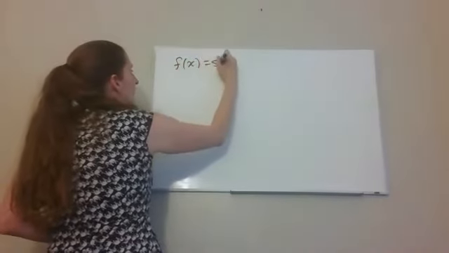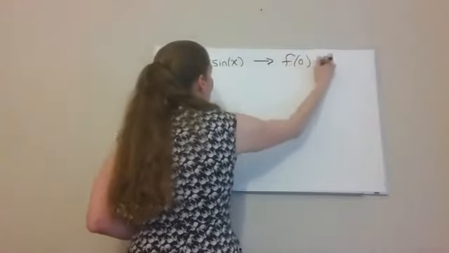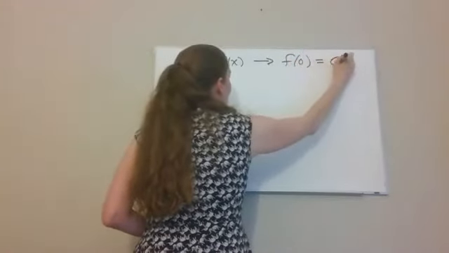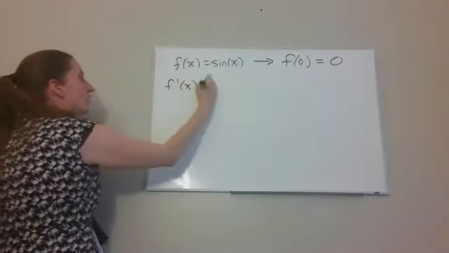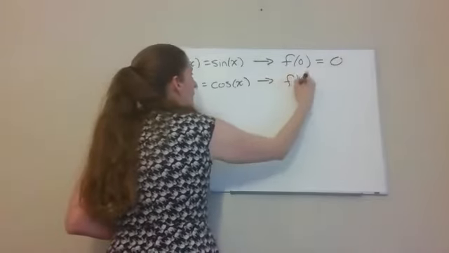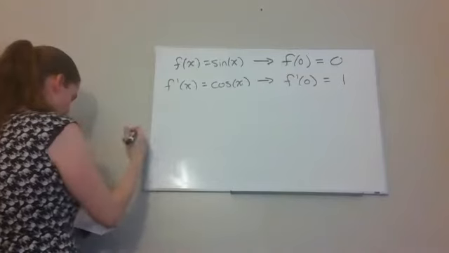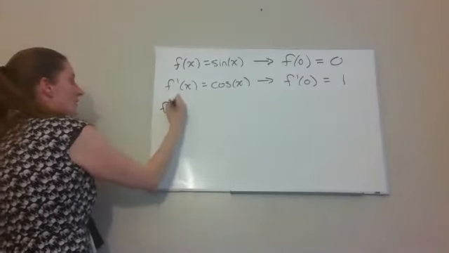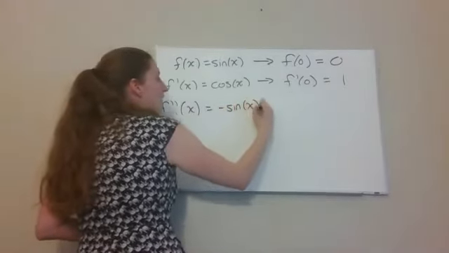My function was sine. So my function evaluated at 0 is sine of 0, which is 0. My first derivative is cosine of x. So when I evaluate that at 0, I get 1. My second derivative is negative sine of x.